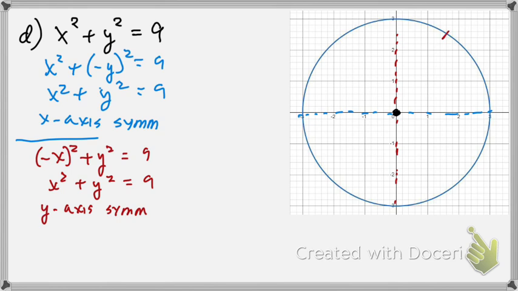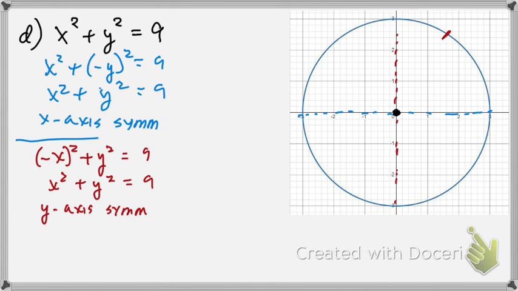Let's come up here. If I made a spinner out of that and rotated 180 degrees, would that graph look exactly like it does now? If I turned the whole thing 180 degrees, it would look exactly like it does there.